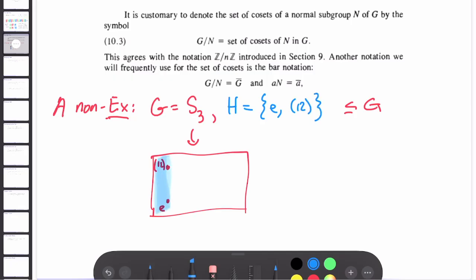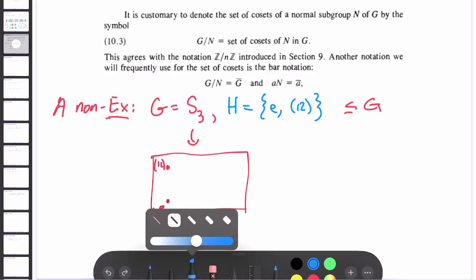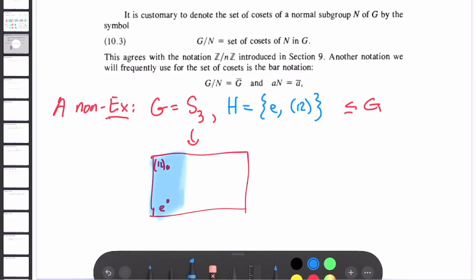So we'll highlight that subgroup in blue. But there are some more elements in S3, of course. There's maybe the element that swaps 1 and 3 instead of 1 and 2. Sorry, that's also unreadable. Let's try again.